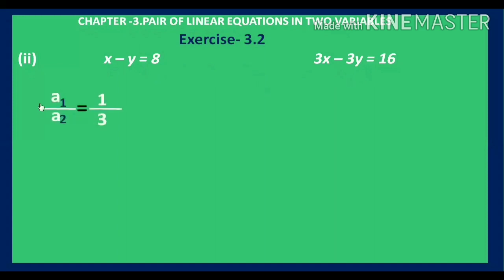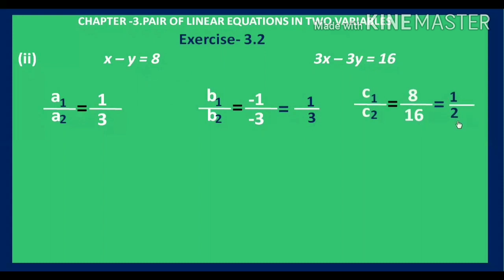So let's compare the ratios. a1 upon a2 is 1 by 3, you can see the coefficients of x. Now b1 by b2 is minus 1 by minus 3, 1 by 3 came. Now c1 by c2 is 8 by 16, which you must simplify, 1 by 2.